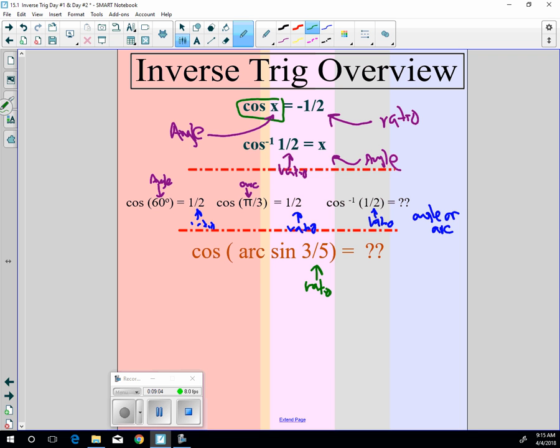So apparently, in this part here, we're taking the ratio and turning it into a what? In this case, it's going to be an arc length. So we're going to just say it's going to turn into an arc length, like pi over something.